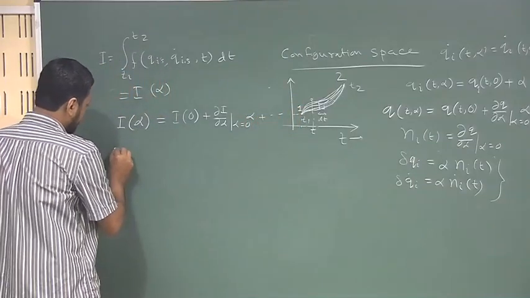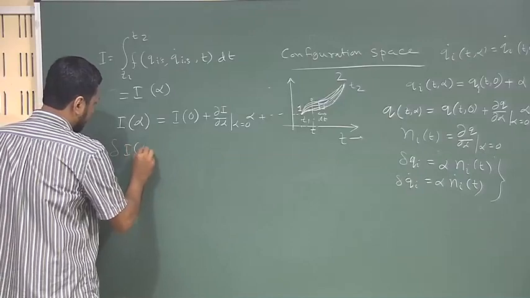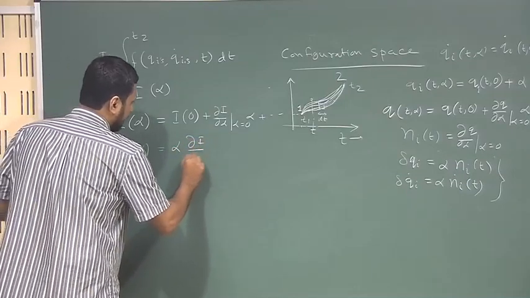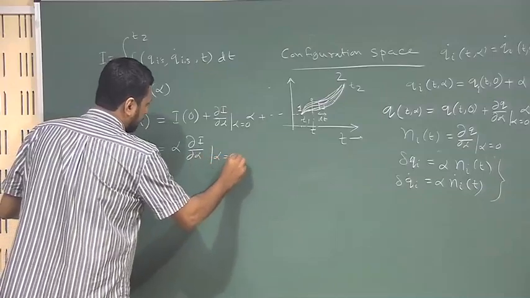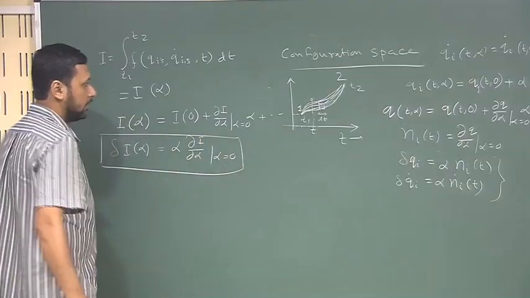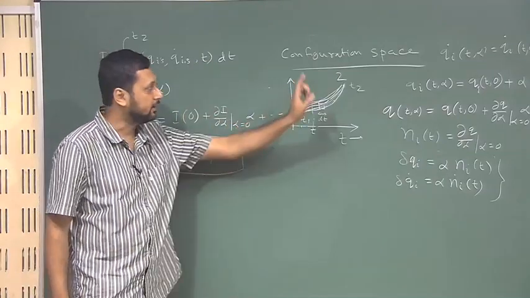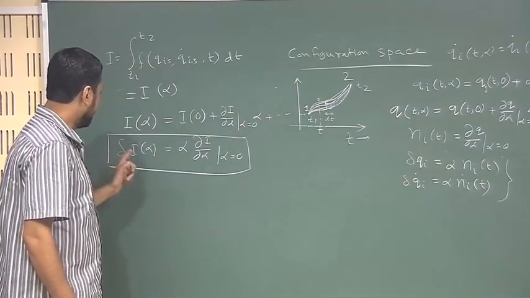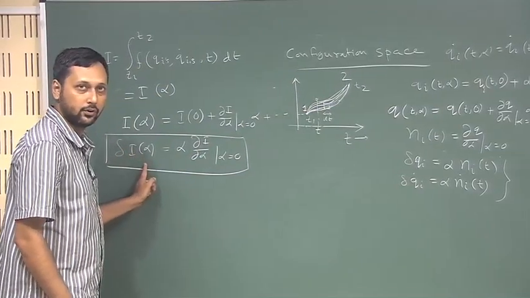So, the variation of this integral, delta I of alpha, will be nothing but alpha times del I del alpha at alpha equal to 0, right. Just like we have variations in coordinates and velocities, we have a variation in this integral, and this is precisely what we are looking for.